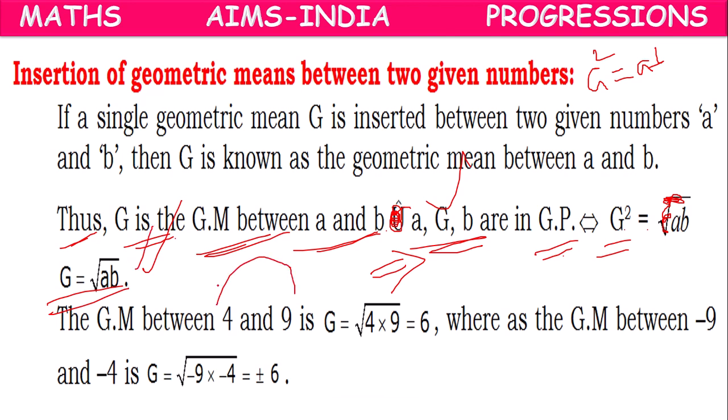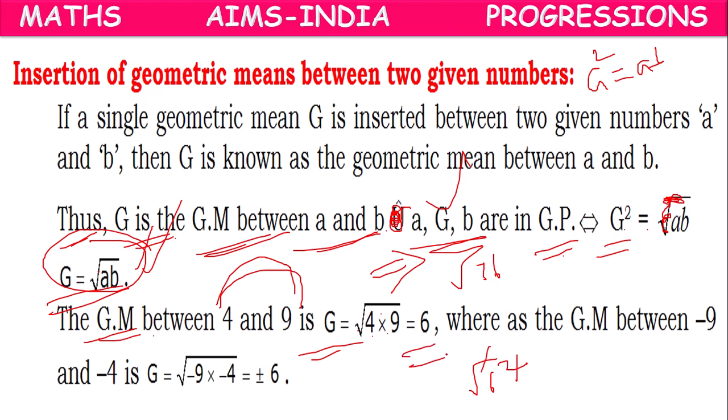So if you want to find the geometric mean between 4 and 9, according to this formula, the geometric mean will be root of 4 into 9, means root of 36, root of 6 square. The square root cancels, and the answer will be 6.